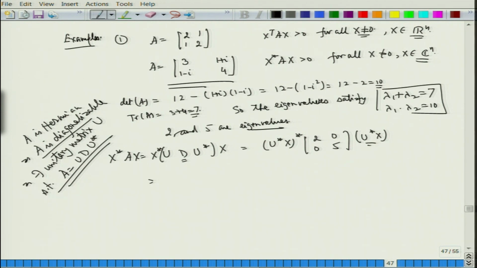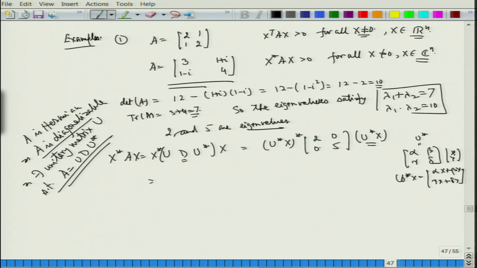So I can take u star x. If u star is some alpha, beta, gamma, delta, whatever it is, and x is your x and y, fine, then u star x is alpha x plus beta y, gamma x plus delta y.